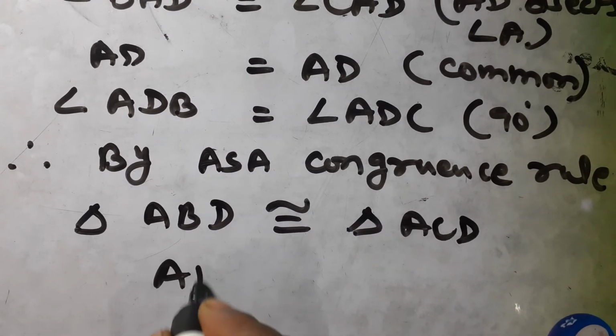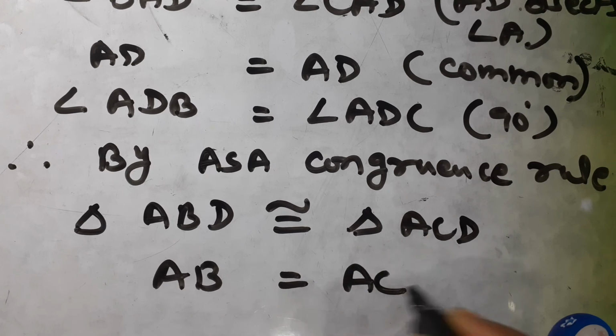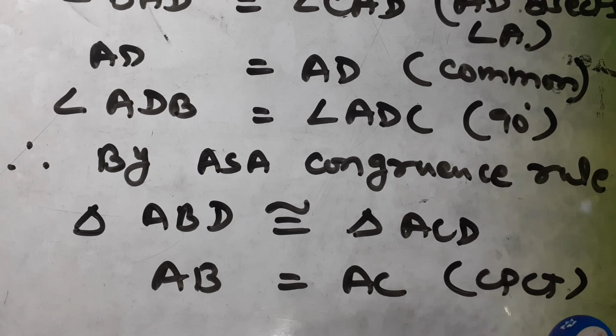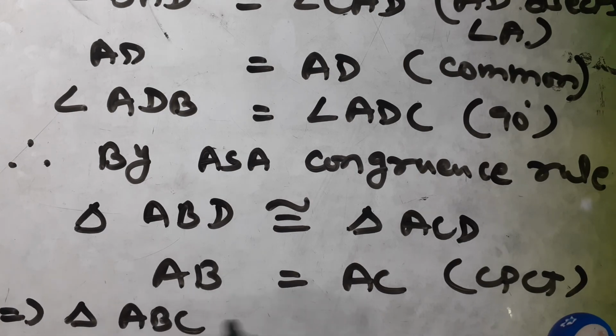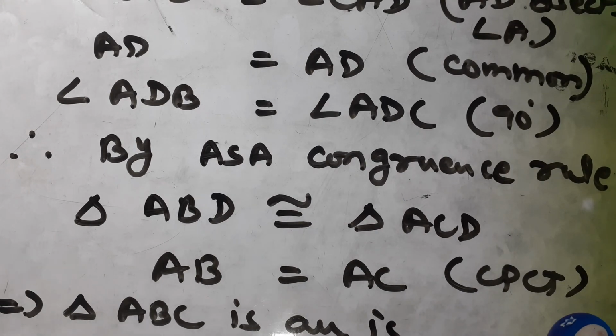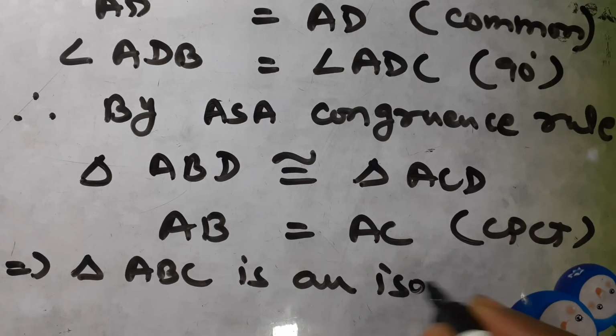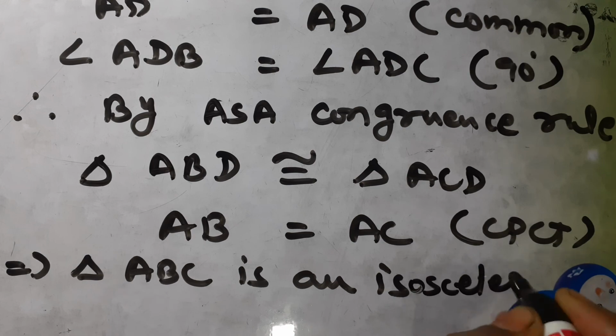Then by CPCT, AB is equal to AC. This implies triangle ABC is an isosceles triangle.